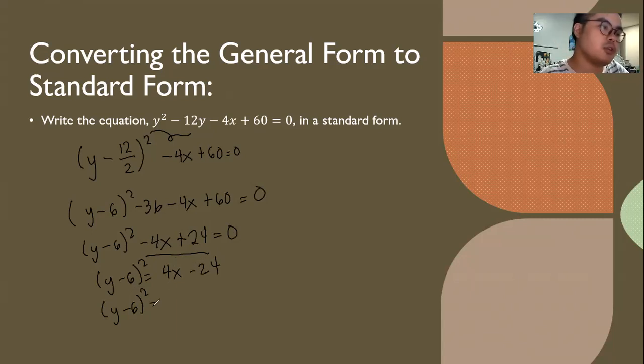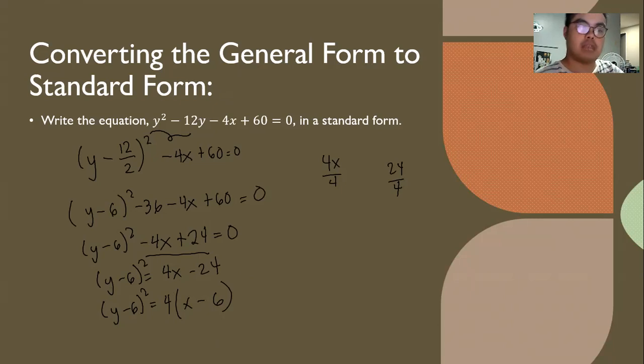What is the common factor of 4x and 24? Of course, 4. We write the leftover: 4x divided by 4 will be x, then minus 24 divided by 4 will be 6. So this is the standard form of this parabola based on the given general form.